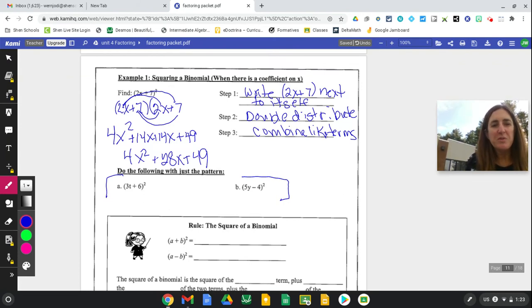If you notice, the first part ends up taking the first number in the binomial and squaring it. And then in the back, it ends up having the last number squared. What happens in the middle is you add 2 times whatever the first term is and times whatever the last term is, and it ends up in b squared.